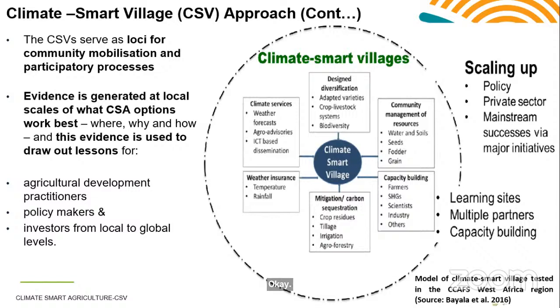So the smart villages work in a way that they bring together multiple partners in a learning site with the view of building capacity. And here you have different groups, the farmers, self-help groups, scientists, the industry, and other stakeholders coming together to learn, co-learn, and also have capacity enhancement as one of the outputs on this.